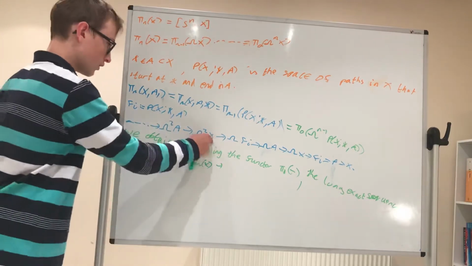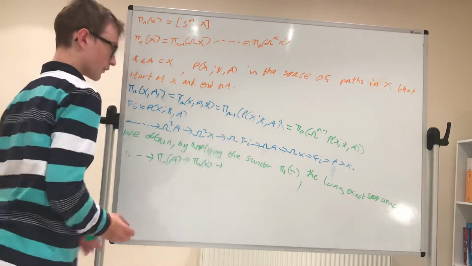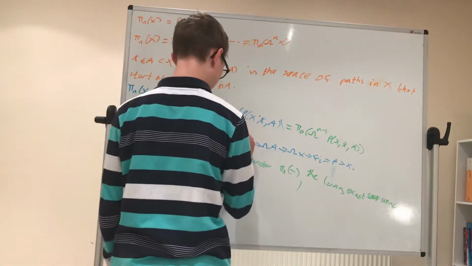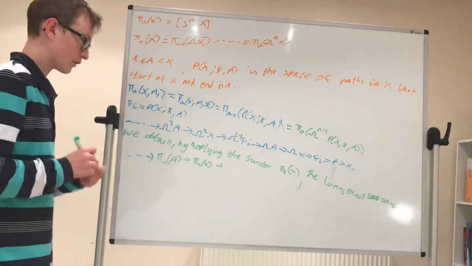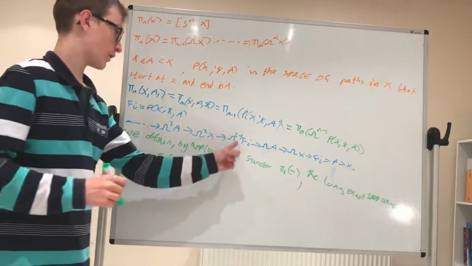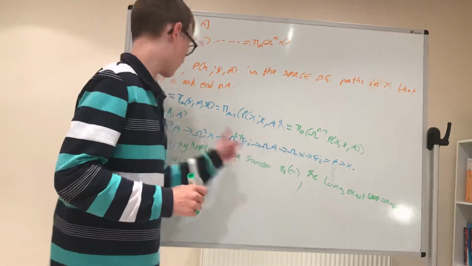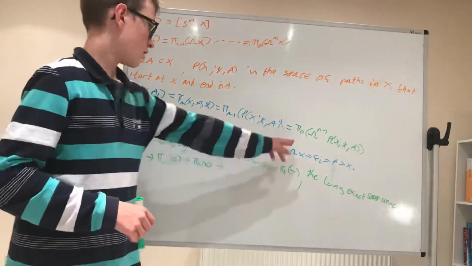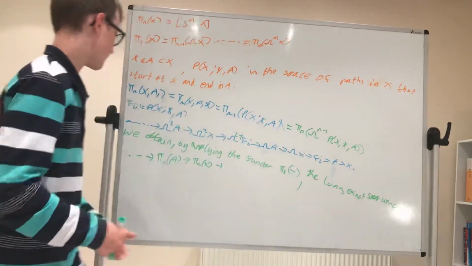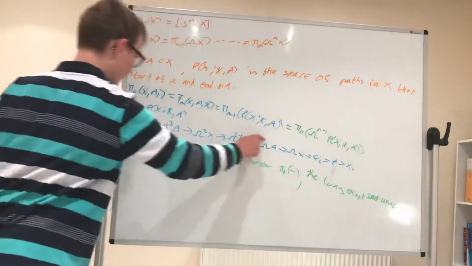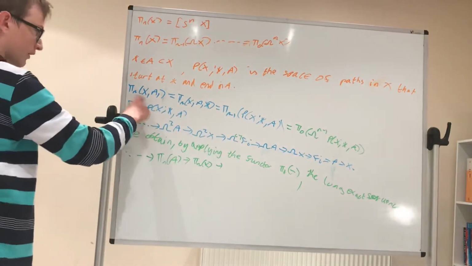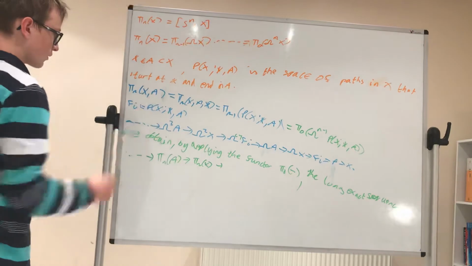So we're going down to the n minus 1th. So this is just 2 minus 1, right? And so we're going to have the n minus 1th loop space of this. And so when we apply pi 0 to it, if we go back around here, we're going to get this. Alright?